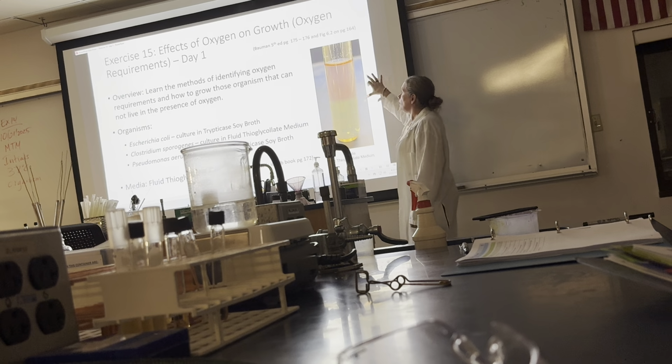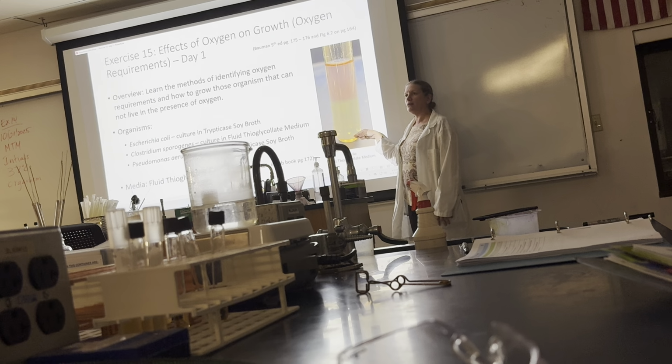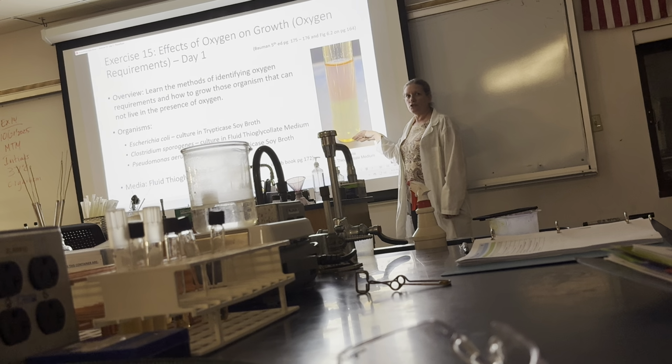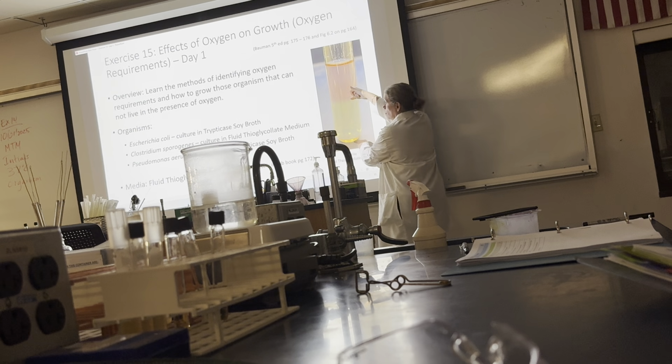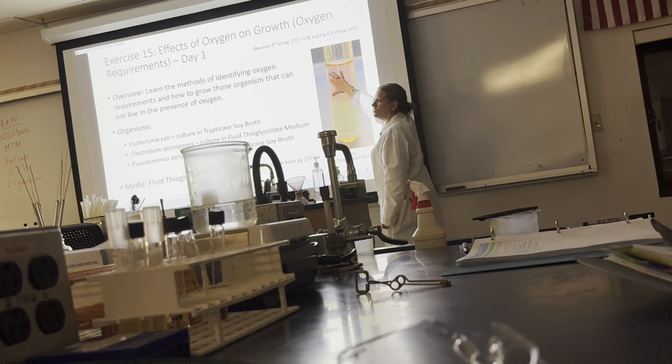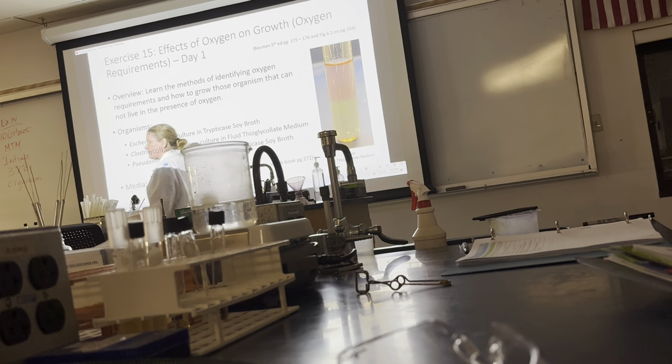And therefore, we can tell where the oxygen is present in this tube. If it's red, then oxygen is present. If it's not red, then oxygen is not present. So we can see the anaerobic zone is at the bottom, and the aerobic zone is at the top.